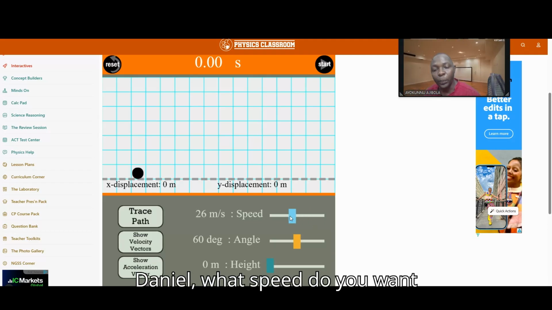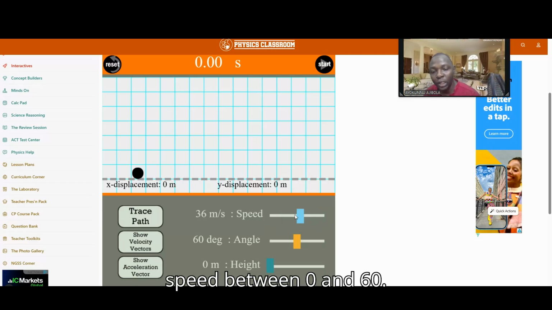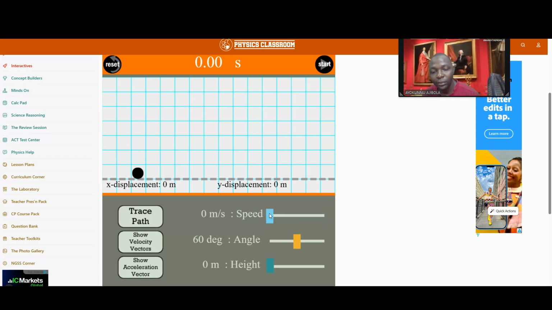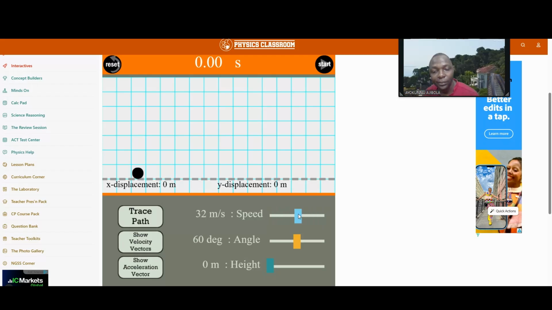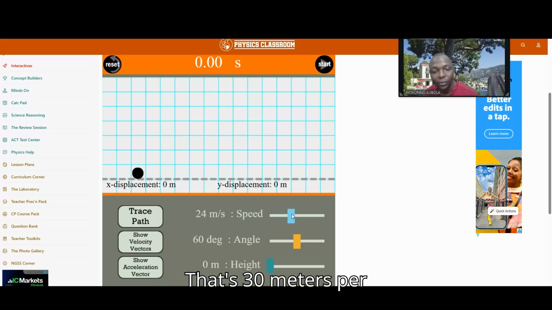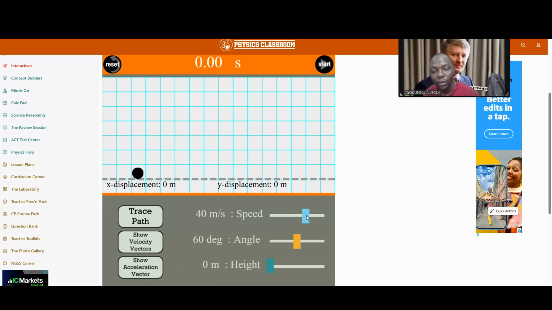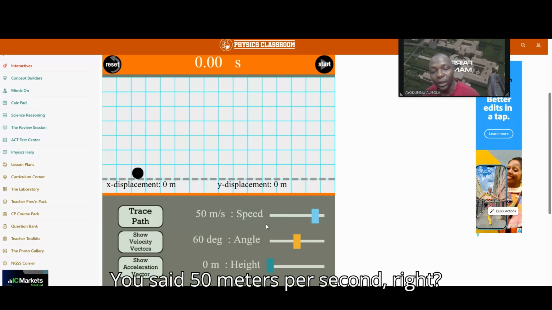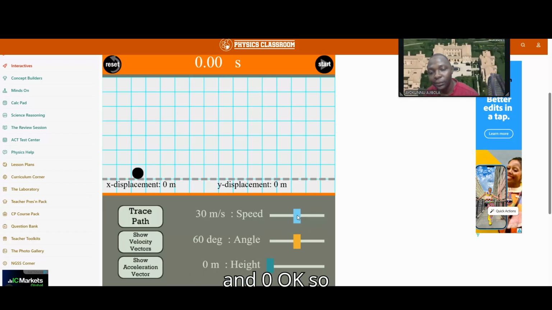Daniel, what speed do you want your projectile to have? Give me a speed between 0 and 60. Give your projectile a certain speed. 30 meters per second, right? 30, 3 and 0.